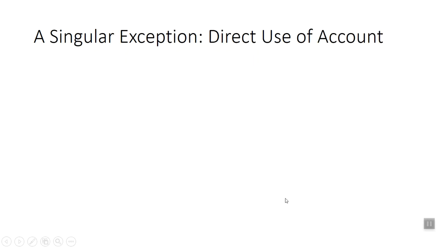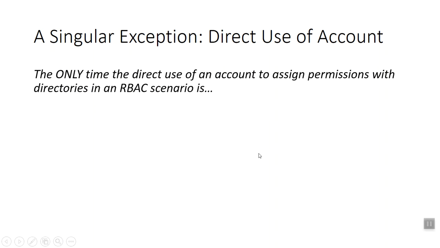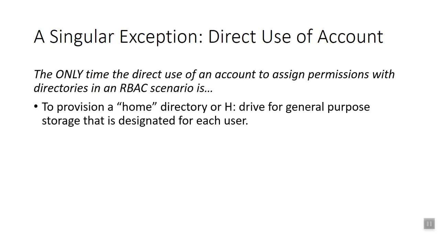It's huge. Now, there is a single exception where the direct use of a security account, an individual account, is sensible, and that's for the provisioning of general purpose storage for what we would call a home directory. So the only time that direct use of an account to assign permissions with directories in an RBAC scenario is okay is to provision a home directory, or H drive, to an individual for general purpose storage that is designated for each user.